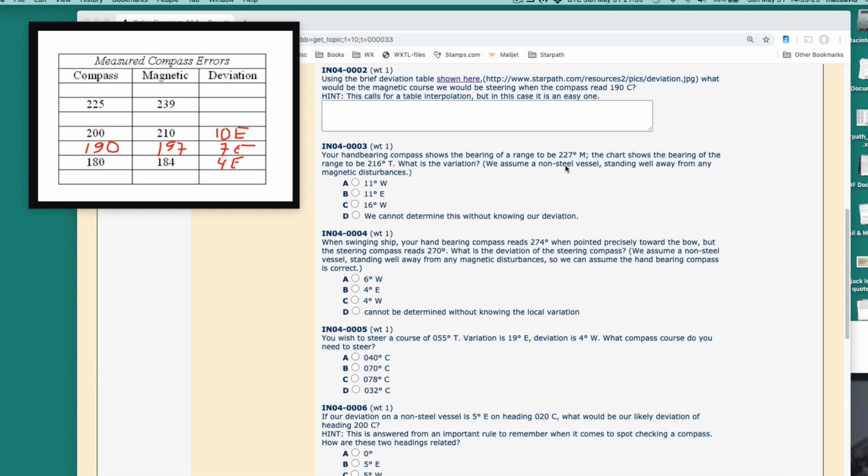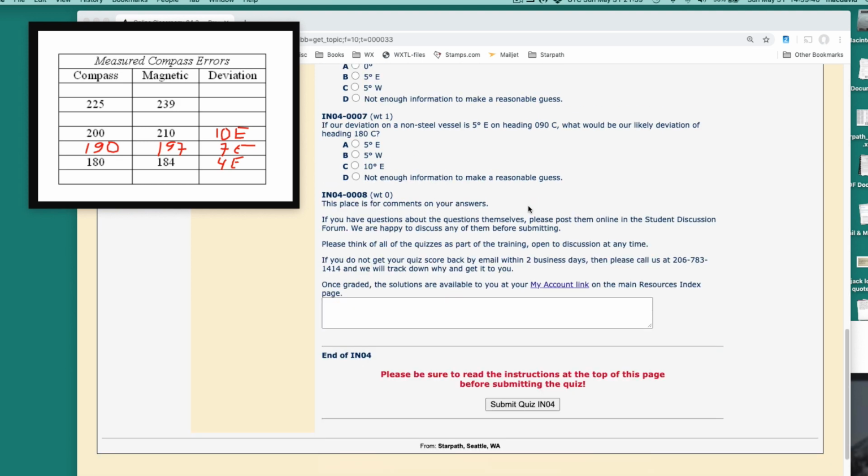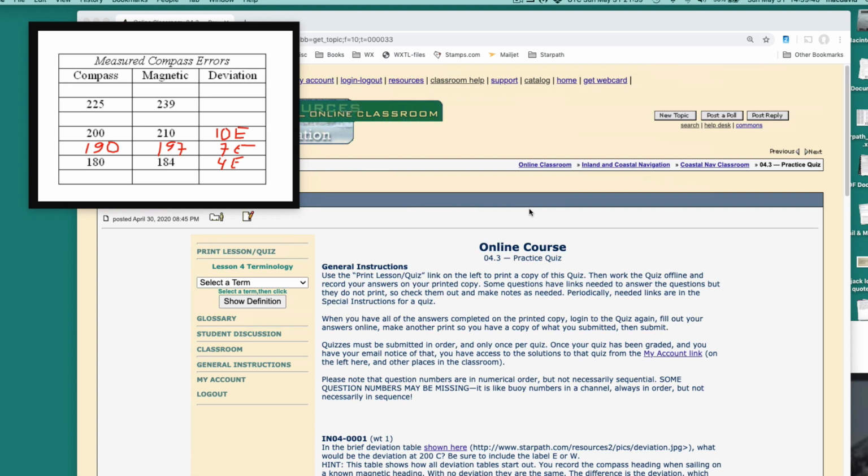We just have to think through what is correcting, and in a sense uncorrecting changes east to west. So 227 minus 11 is 216, so it's west. Okay, so that's a couple comments on this type of problem. I'm going to leave that and the rest to be worked out.